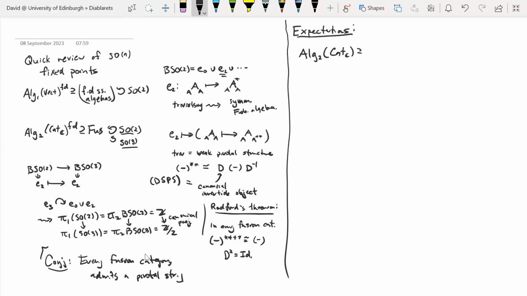So we're looking at braided tensor categories. In particular, the three-dualizable objects are just rigid braided tensor categories, and this has an action now of SO3.